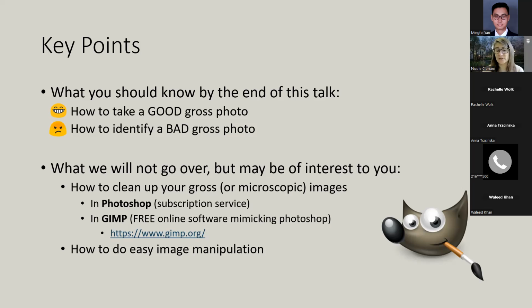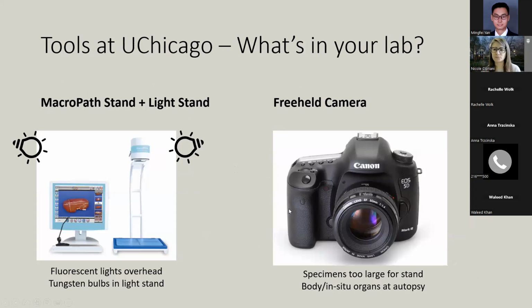I want to point out that there is this free online software called GIMP, G-I-M-P, that kind of mimics the functionality of Photoshop. It's slightly clunkier, but a lot of the things you want to do in Photoshop, you can do there if you don't have or want to pay for the Photoshop subscription. So we can always talk about that later or at another time.